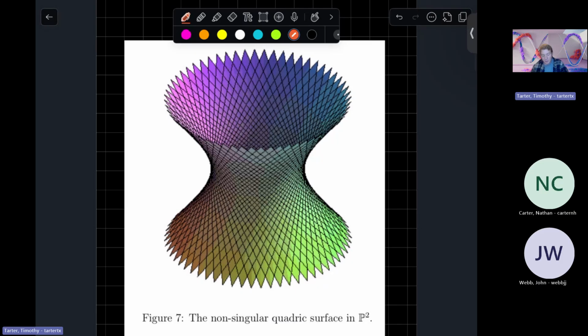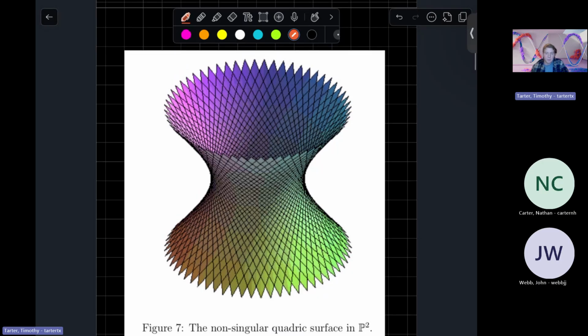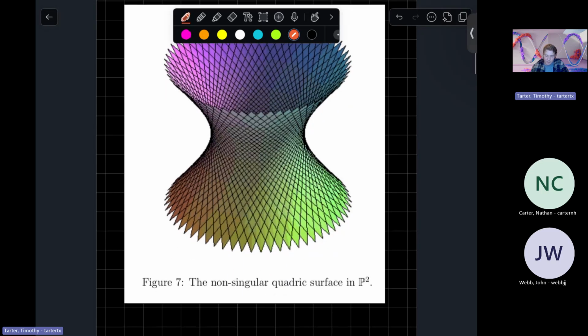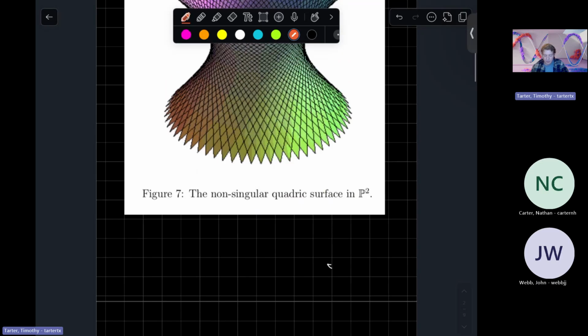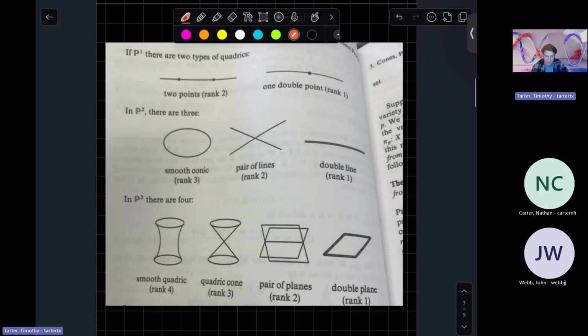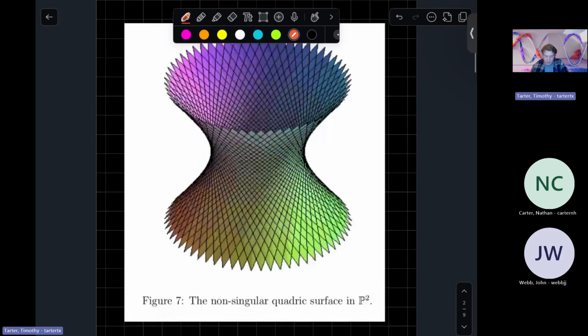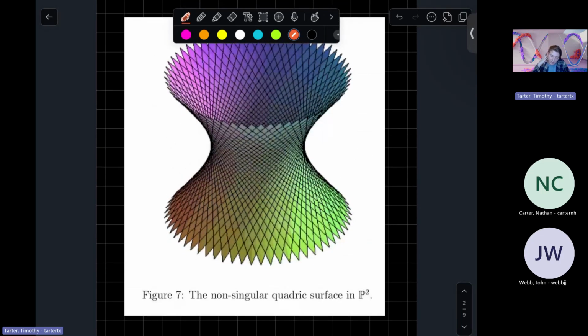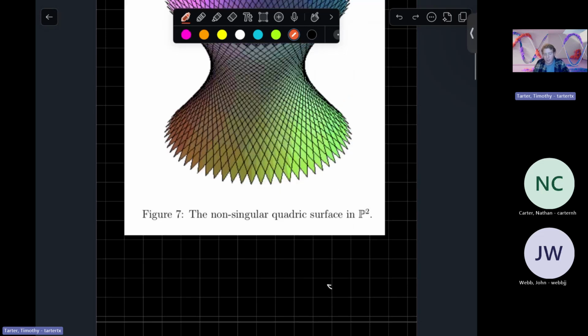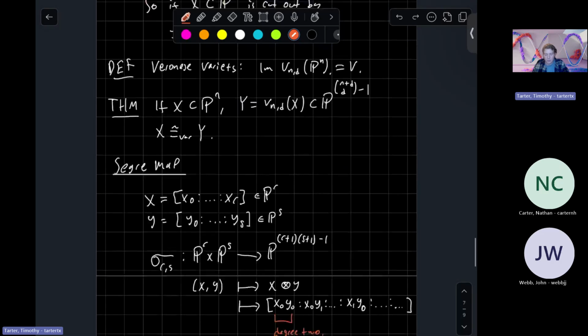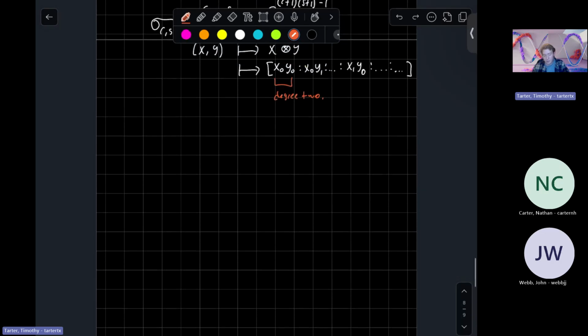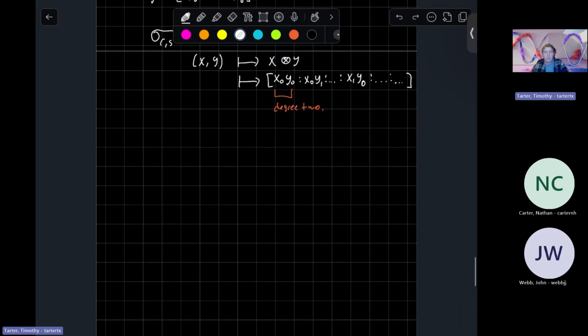This is an example of a smooth quadratic surface in P2, namely of rank 2. We'll talk about that later. It's characterized by the fact that at any point we pick on the surface, the tangent space is going to be defined by two lines. That's another way to think about the meaning of a quadric surface.